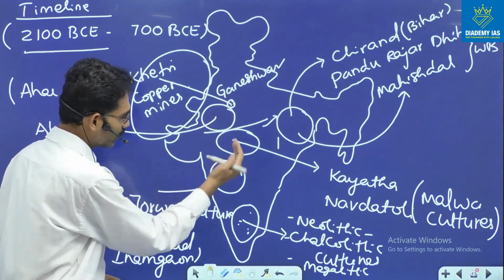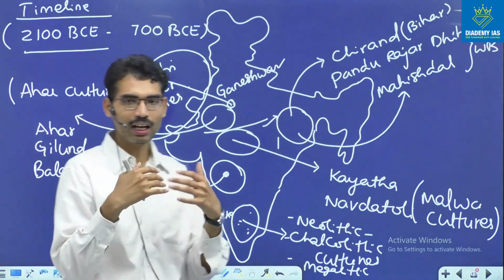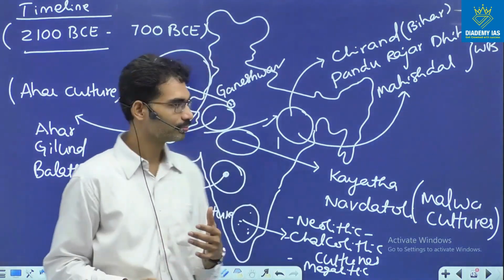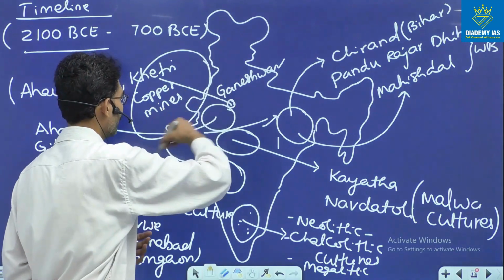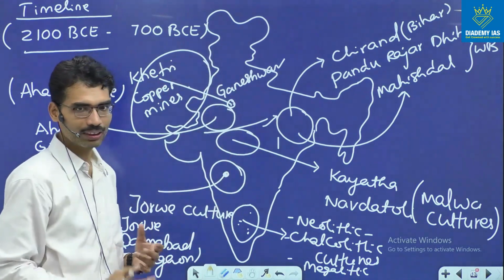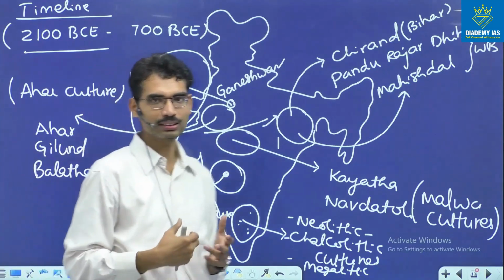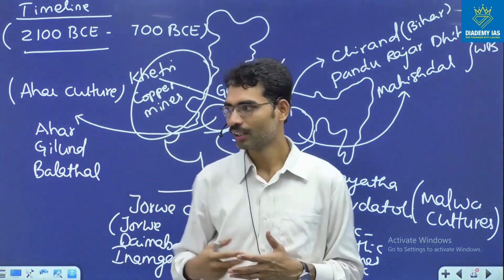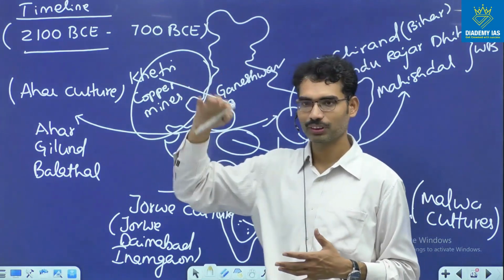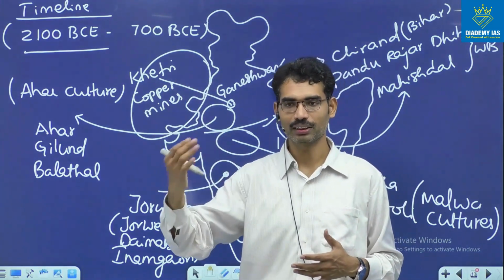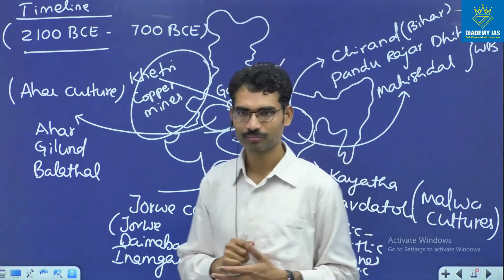Within Harappan civilization also, village settlements were there, providing agriculture products and other raw materials. Urban areas provided finished goods and sent them to the rural areas.